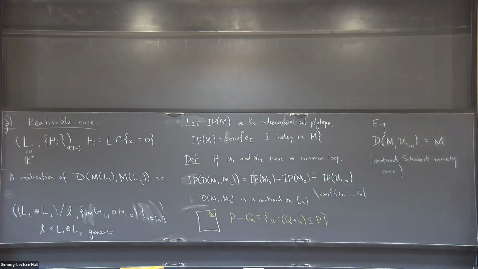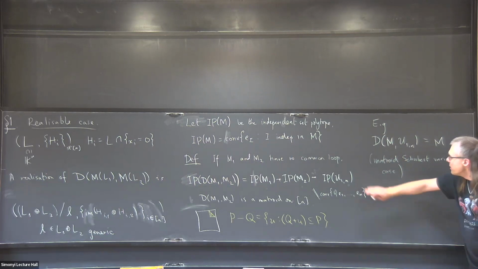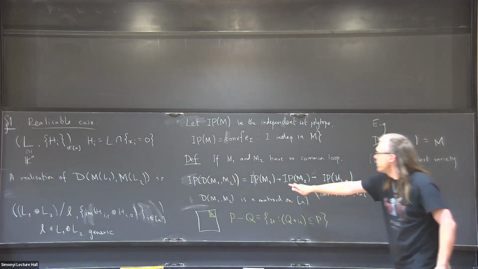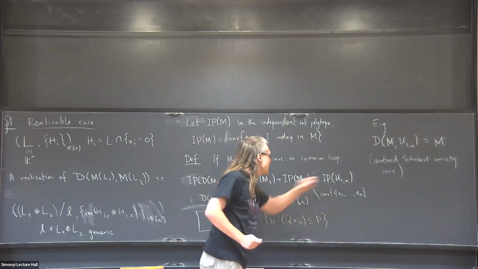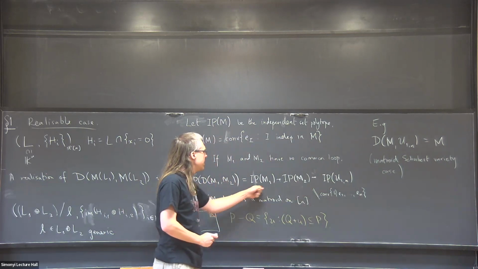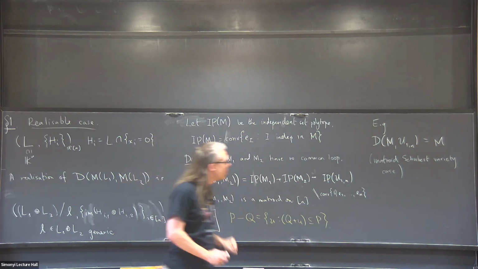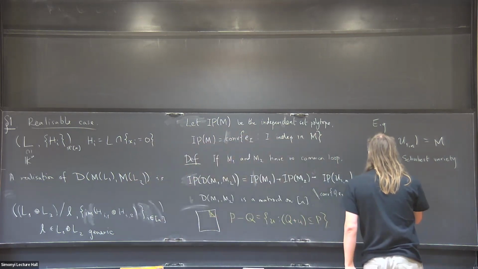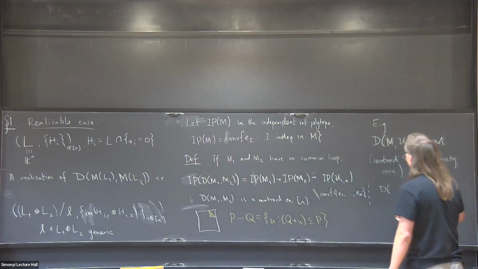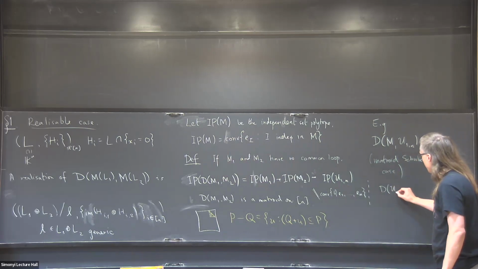I wrote this in terms of polyhedra, but you can interpret this in terms of partitioning sets into independent sets. Another example: let's say I put in two uniform matroids.